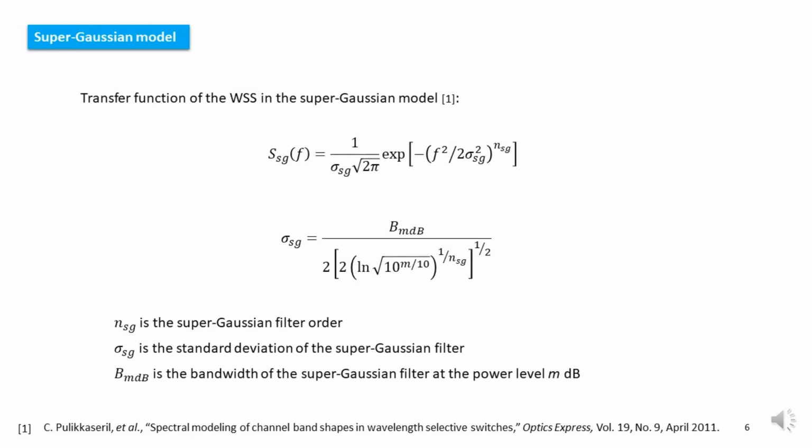To simulate the transfer function of the WSS, we could use the super Gaussian function. But if you do this, we have to know the order of the super Gaussian. Notice that the WSS bandwidth for the superchannels can have more than 300 GHz.